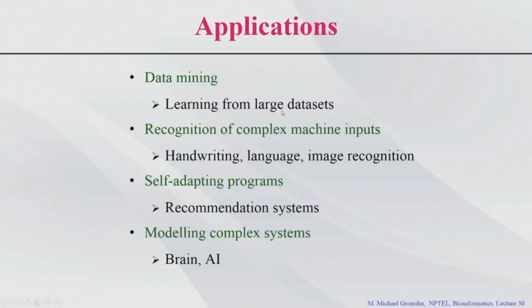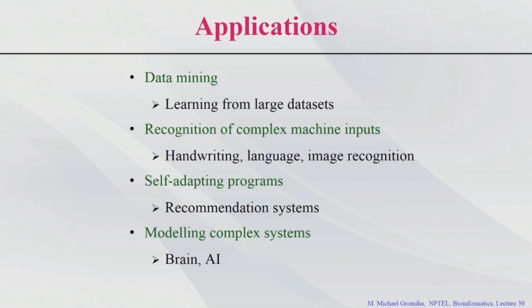So, what are the various applications of machine learning? Machine learning has a wide range of applications, not only in biology but in all aspects of systems. For example, in data mining we can learn from very large data sets, maybe in physics, chemistry or any engineering side.